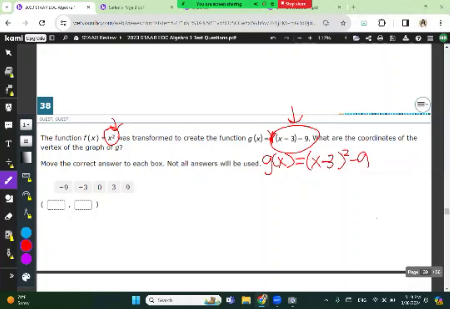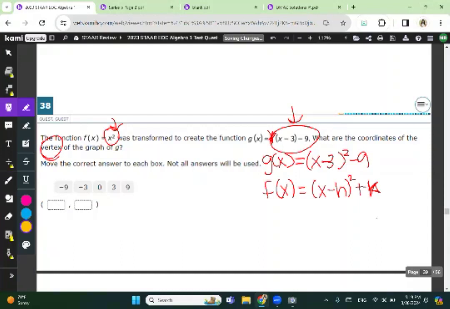Man, I lost my place, but I just noticed this is vertex form. All it wants is the coordinates of the vertex. So since this is vertex form, on the formula chart it's written as x minus h squared plus k. Okay. So that lets you know that the 3 is your h and the 9 is your k.